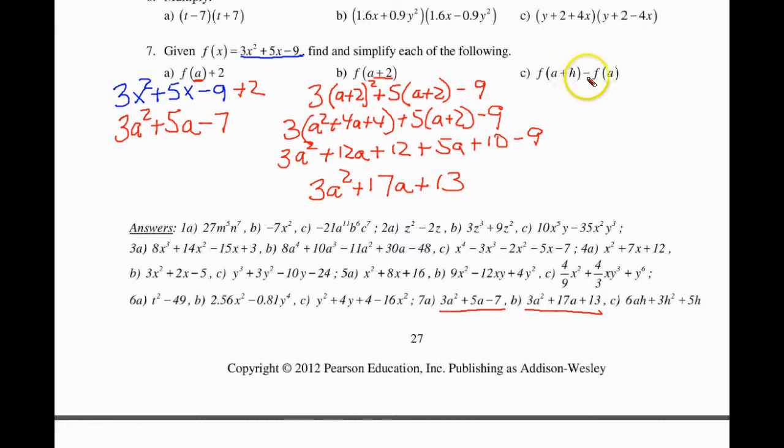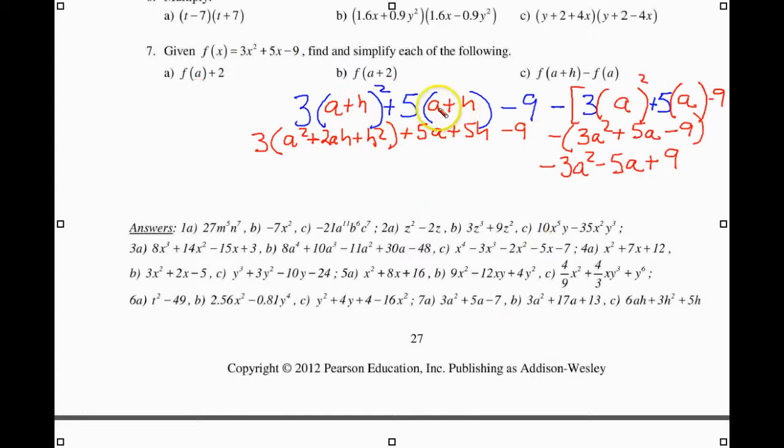Okay, now this one's a little more tricky, so I'll show you this in detail. Well, it gets a little bit tedious, so let me show you a little bit of it as we go along. So here we have this function where our x is going to have this value. So this is our basic expression. So we're going to put the a plus h where the x would be.